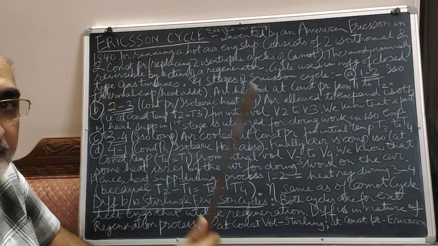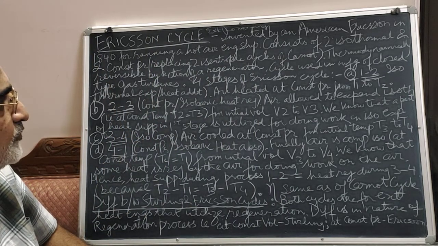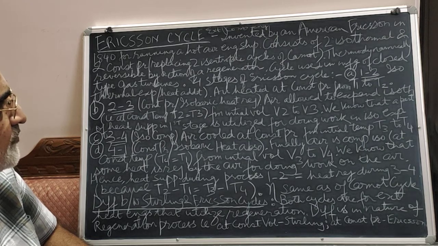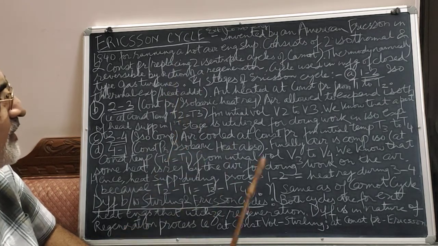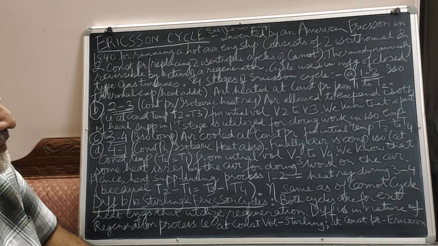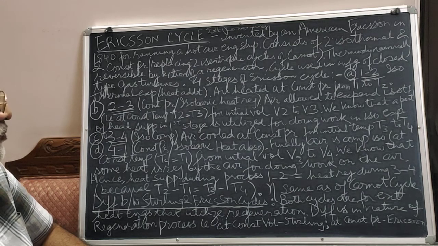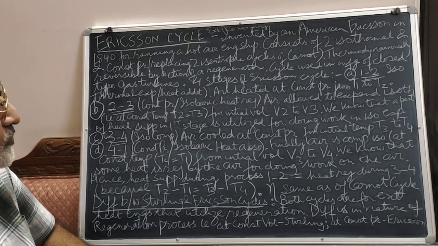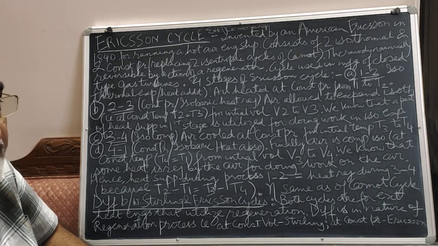Before the IC engines were invented, the first was the hot air engine ship. It consists of 2 isothermal and 2 constant pressure processes, and these 2 constant pressure processes replace the 2 isentropic processes of the Carnot cycle.